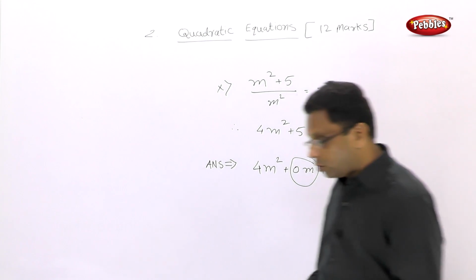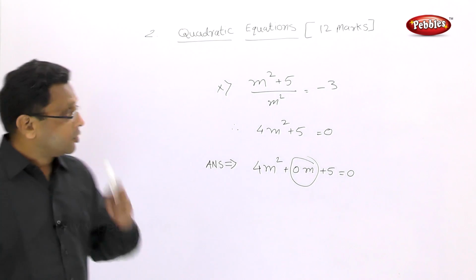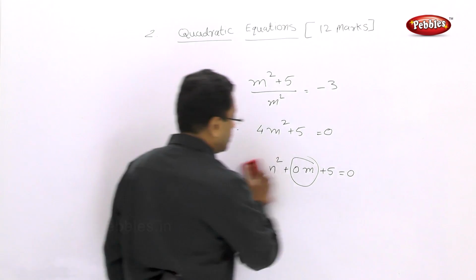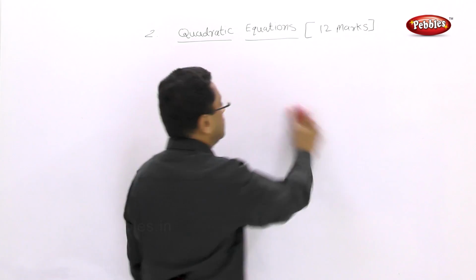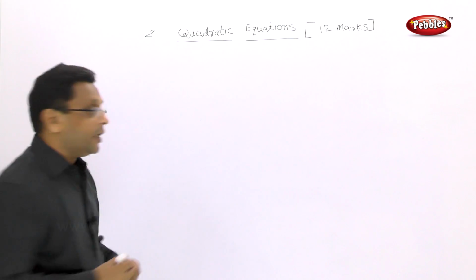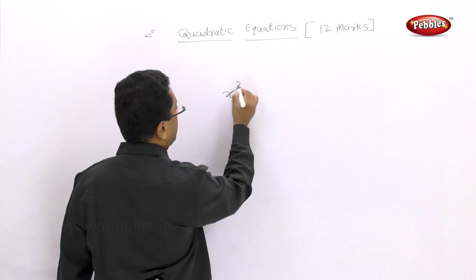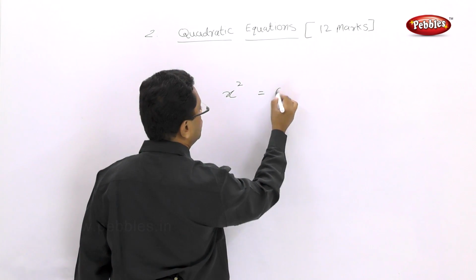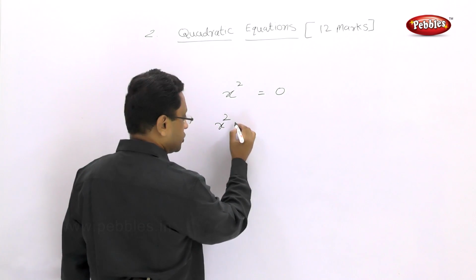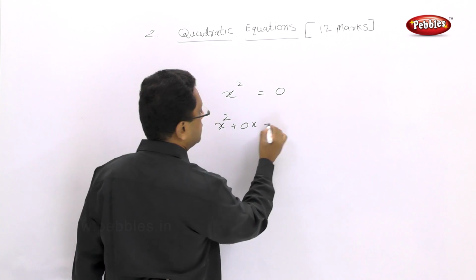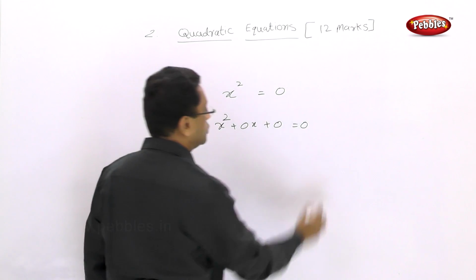Right? So just remember one thing, when you are solving this exercise at home by yourself, if you have the quadratic equation like x square equal to 0, then you should write x square plus 0x plus 0 equal to 0.